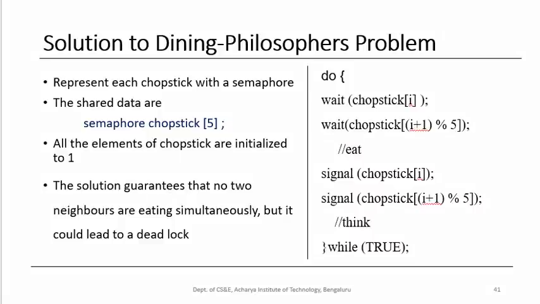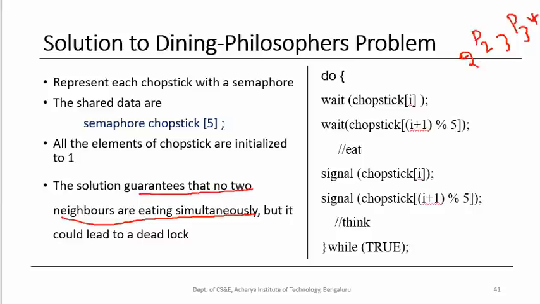Now, there is a problem associated with this kind of solution. The solution guarantees that no two neighbors are eating simultaneously. How does it guarantee that? For example, let's say P2 and P3 are the philosophers trying to eat at the same time. P2 wants chopsticks 2 and 3 and P3 wants 3 and 4.